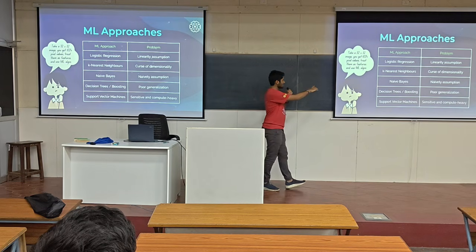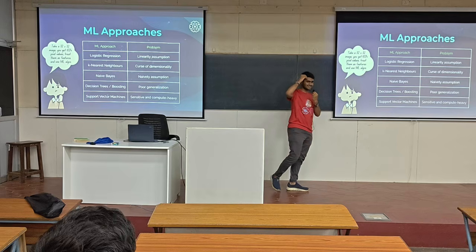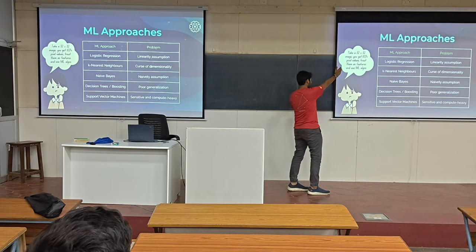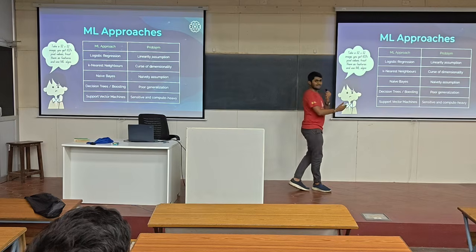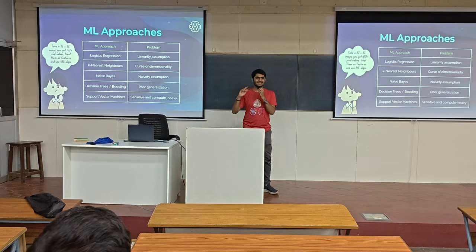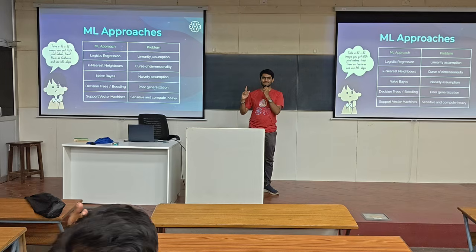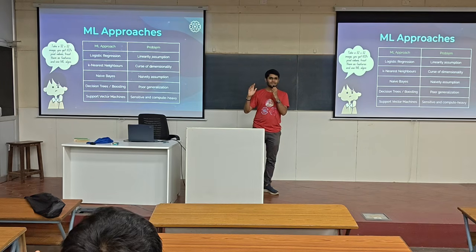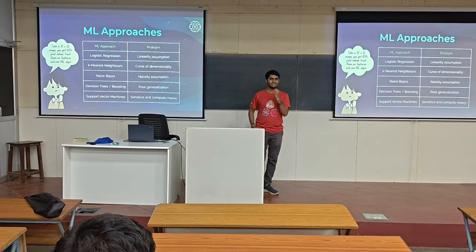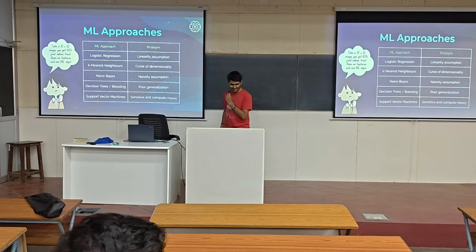K nearest neighbors, again, computationally it is going to be highly expensive because we have 1024 features. And the second thing is, K nearest neighbors, does everyone know? Yes, no, raise hands. Okay.